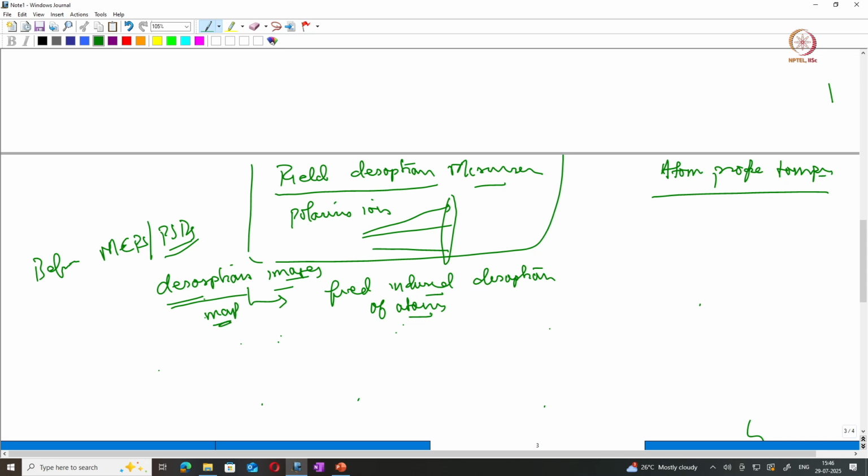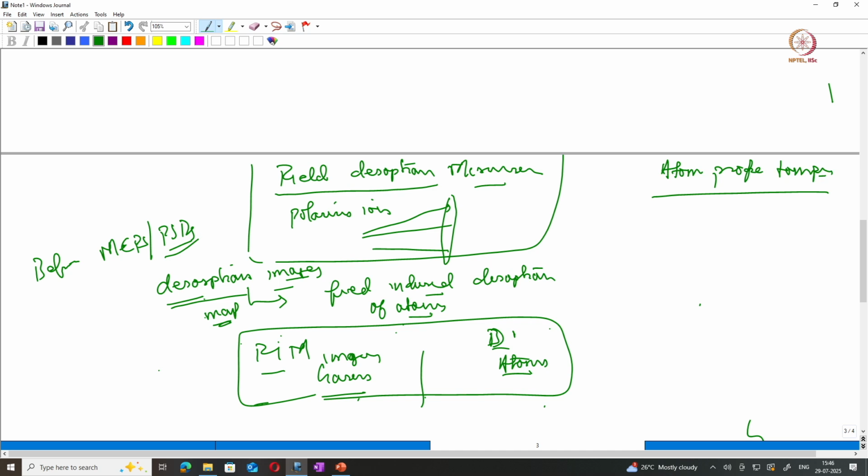If you compare an FIM image and a desorption image, they look very similar, but there is a difference in the electric field and in the field ionization of the atoms, depending on whether you use imaging gases, or imaging ions, or the desorbed ions. So they have a certain difference in the images.